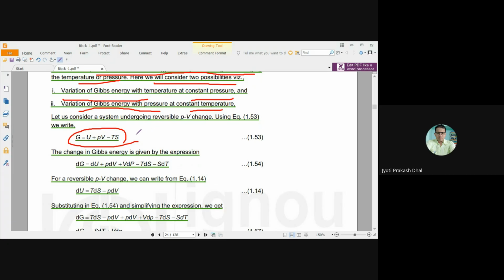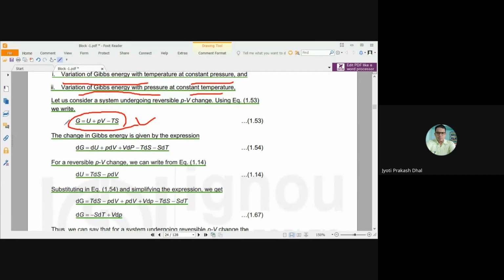Now taking differential on both sides of this equation, we can write dG equals dU plus PdV plus VdP minus TdS minus SdT.